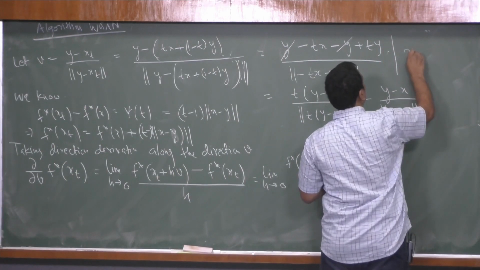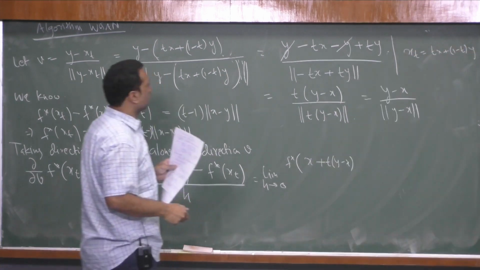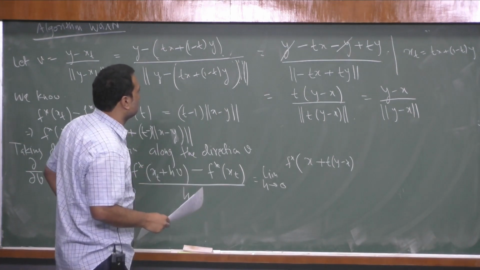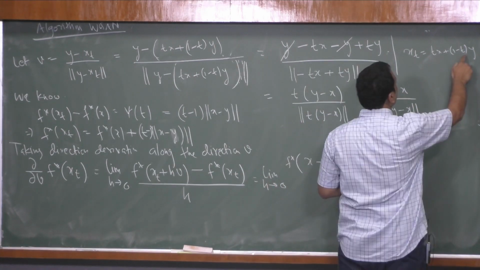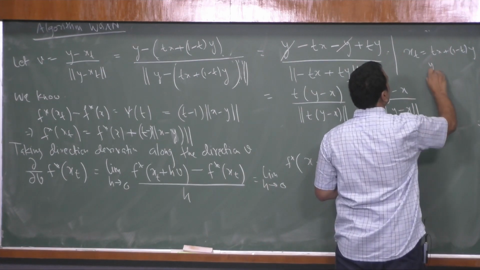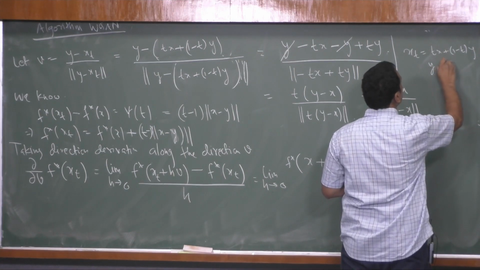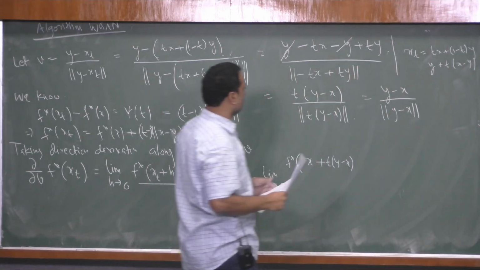So xt was tx plus 1 minus ty, and instead of y minus x, I could have written x minus y, right? So y just comes out, and then plus t x minus y. So this is the correct way to write.